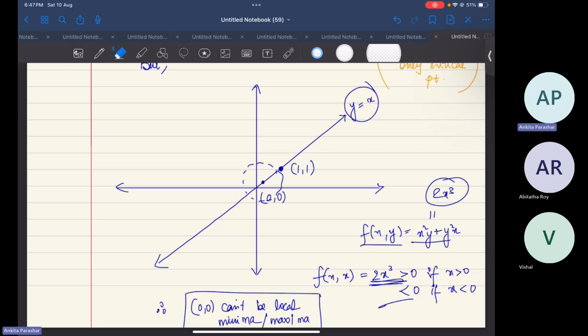That means 0, 0 is neither local minima nor local maxima, but it's still a critical point. So the condition that partial derivatives are 0 is necessary for a local minima or maxima, but not sufficient.